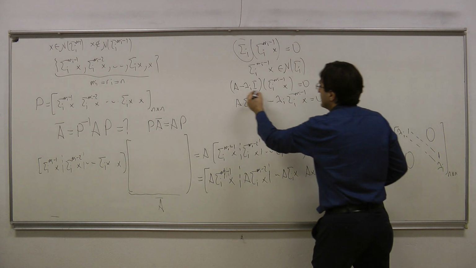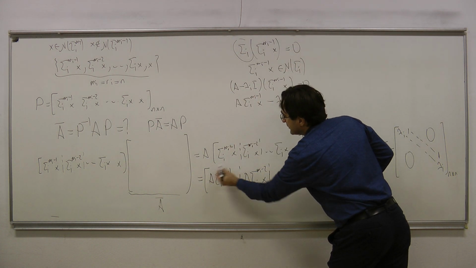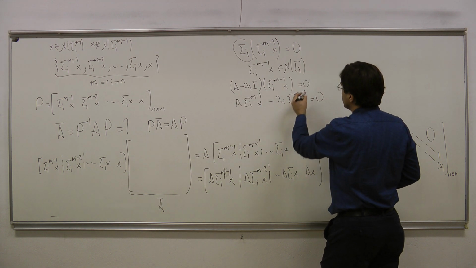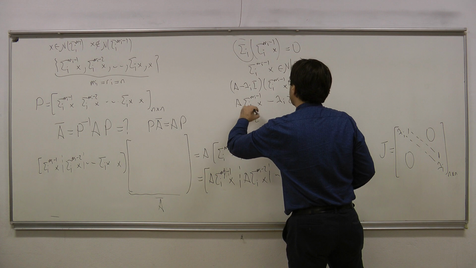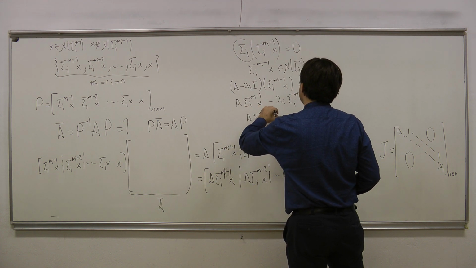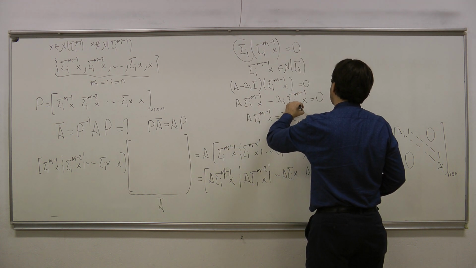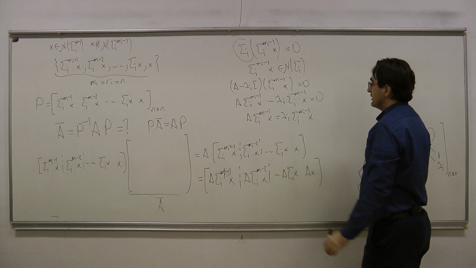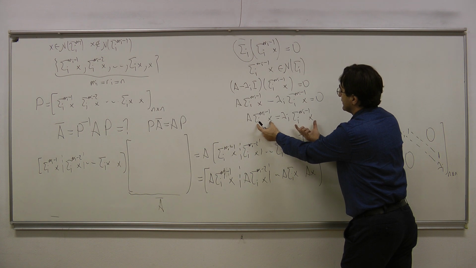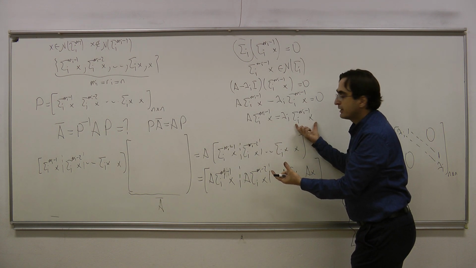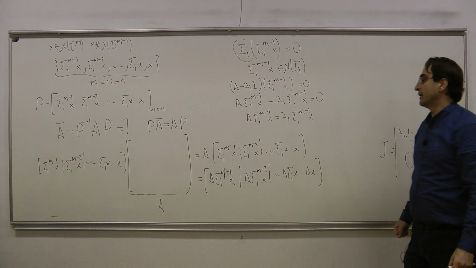But this tells me that A times this vector is nothing but λ_i times the same vector. Okay? A times (A − λ_i I)^(m_i−1)x is λ_i times (A − λ_i I)^(m_i−1)x. Okay? That tells me that this (A − λ_i I)^(m_i−1)x is an eigenvector, for the eigenvalue λ_i.